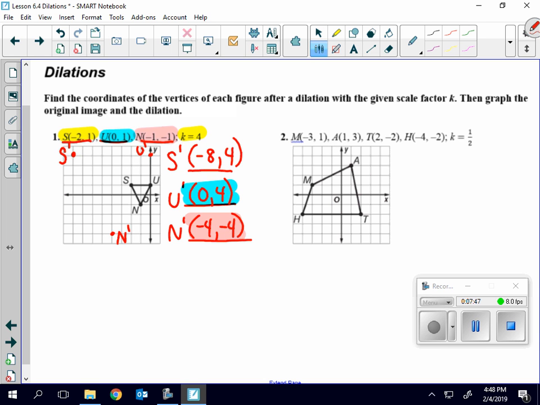So it should still be a triangle looking similar to this. We call it similar because it has the same angles. So the shape looks the same, it's just a different size. Okay, so if we connect our dots, it should be the same shape, just made bigger.